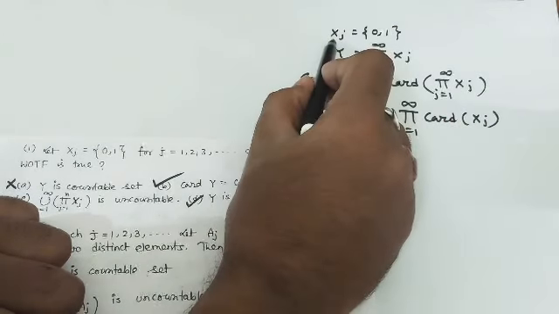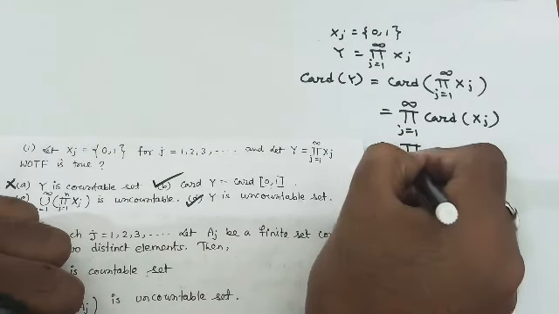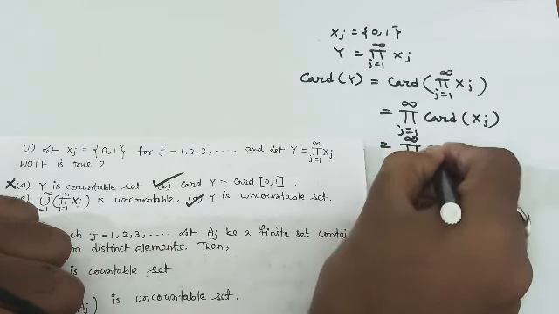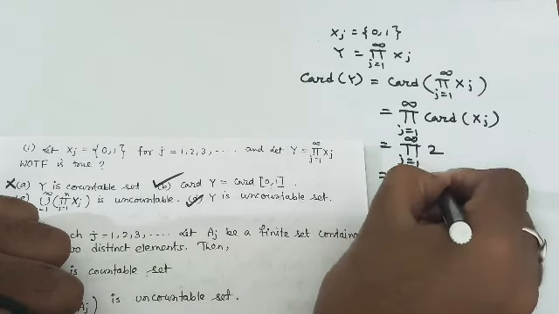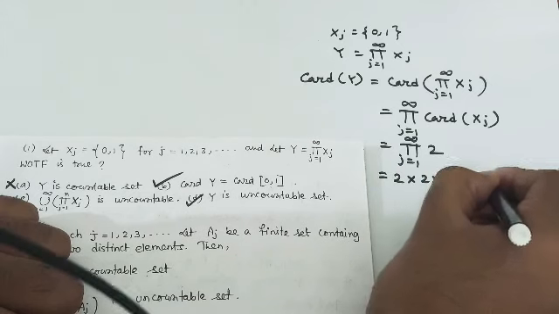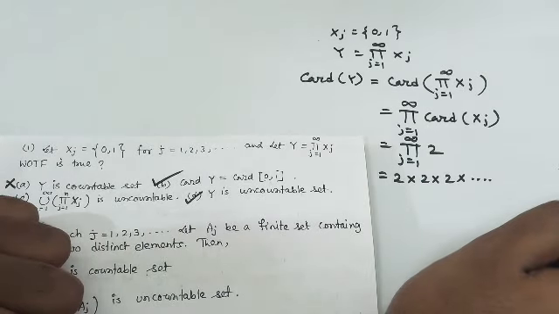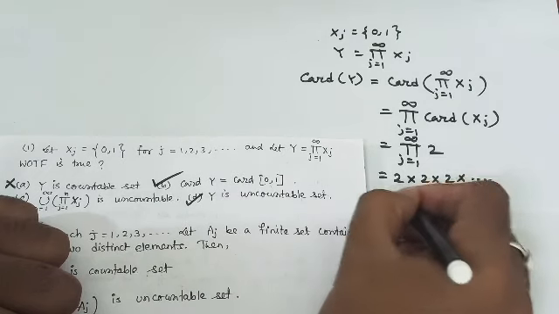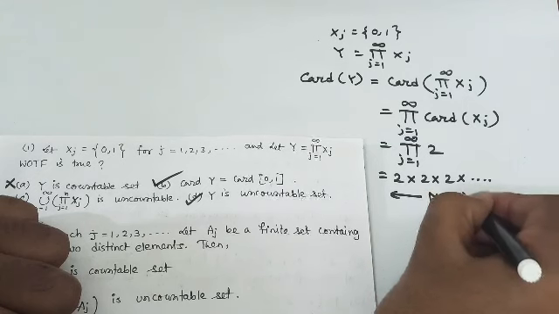It is 2. So you have the multiplication of all these 2's. How many 2's are there? Obviously countably infinite, that is, aleph naught times.